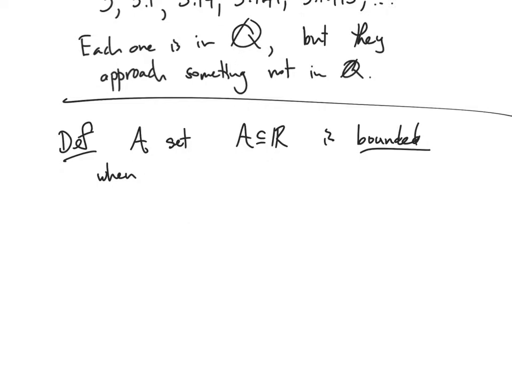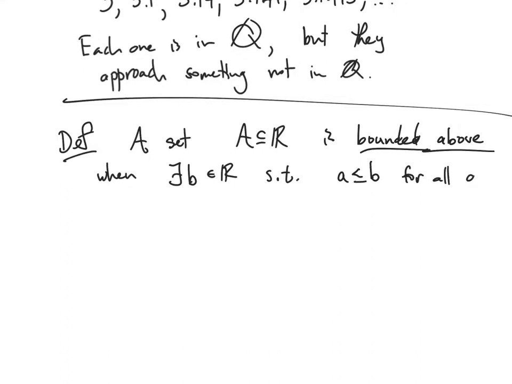So I'm going to say a set is bounded above. It means there's some number which is bigger than every element in that set. I'll say it this way: when there exists a b in the real numbers such that a is less than or equal to b for all a in my set A. This little s.t. here means such that.